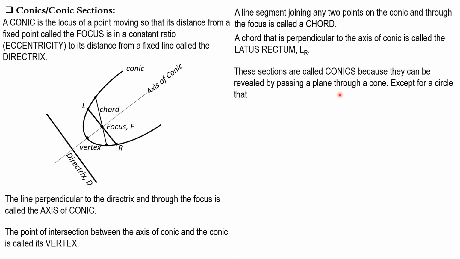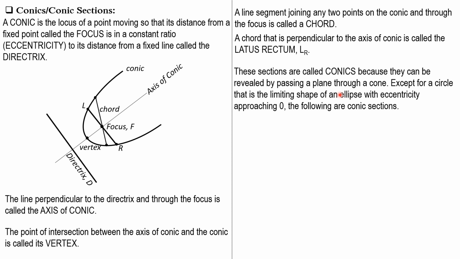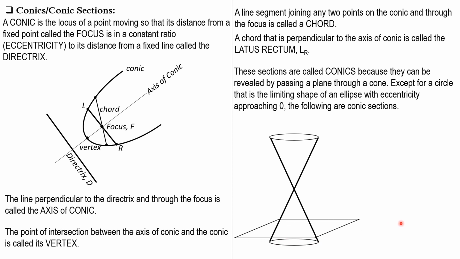So as shown in this illustration here, we have the following conics. First, as I said, a circle is not a conic section, but this can be revealed by passing a plane parallel to the base of the cone, which is circular also, as shown.